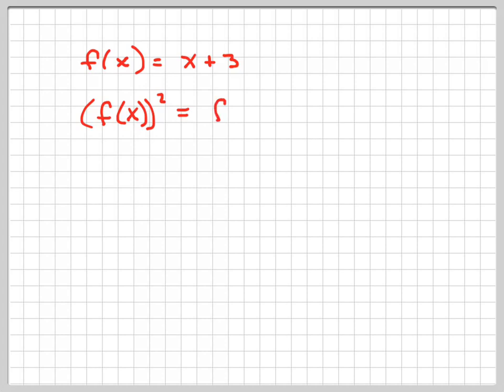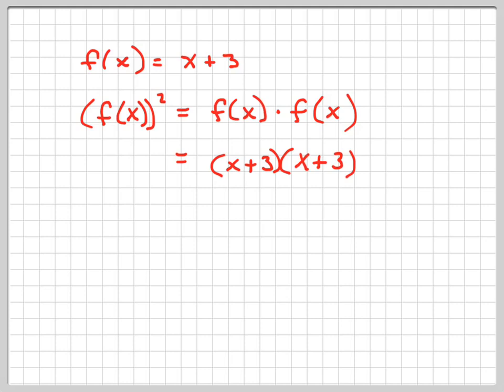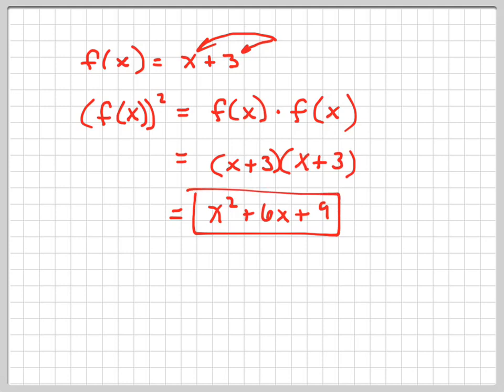Well, that just means f of x times f of x, and so you'd have to take x plus 3 and square it, or x plus 3 times x plus 3. Don't forget, that's one that a lot of us missed when we did it. People just squared each term of x plus 3, but you have to square the binomial. You have to square x plus 3, which means take it times itself. So that's what f of x squared looks like. I hope that will help you on your homework.